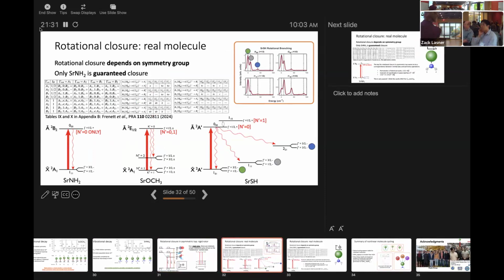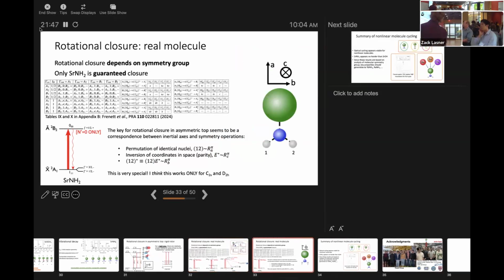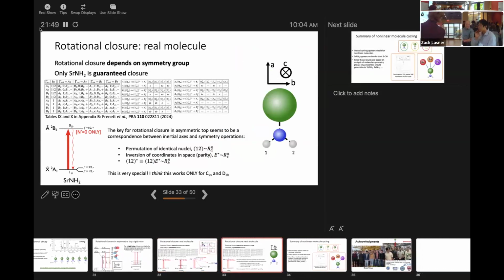But SRNH2, again, is actually rotationally closed, and you can work through lots of representation theory and build these tables and convince yourself that it's extremely hard for SRNH2 to decay to any rotational state other than what you think is in the cycle. This is roughly speaking because of some correspondence between the symmetry operations and rotations about the molecule axis.